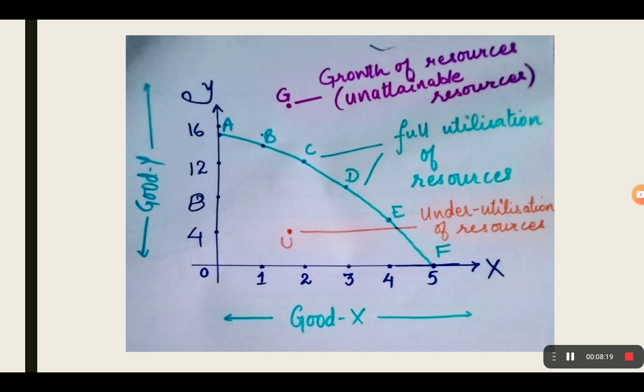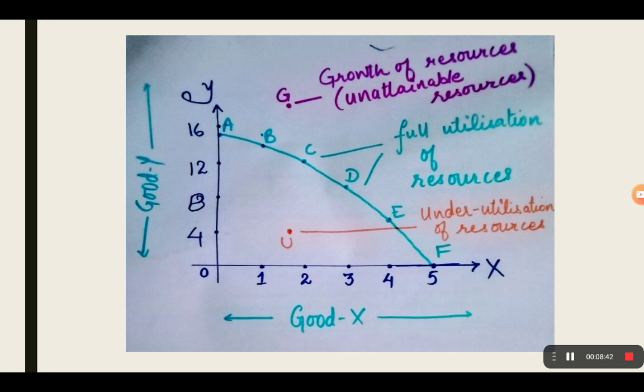To explain with a live example, we can take the unemployment situation, where the resources are available in the economy, that is human resources, and since they are unemployed, they are underutilized.